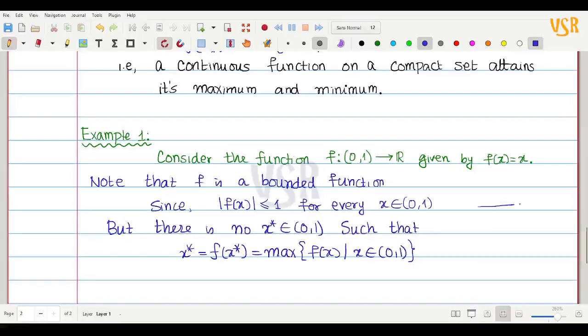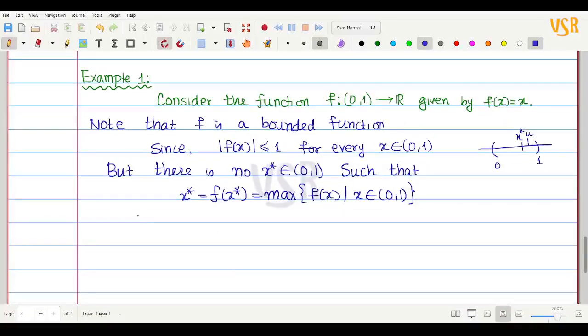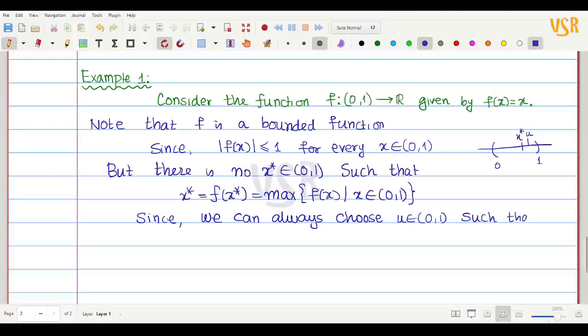Suppose the open interval is 0 to 1. Then the element x star is definitely inside it. We can always choose an element u in this set such that x star is smaller than u, which is smaller than 1.